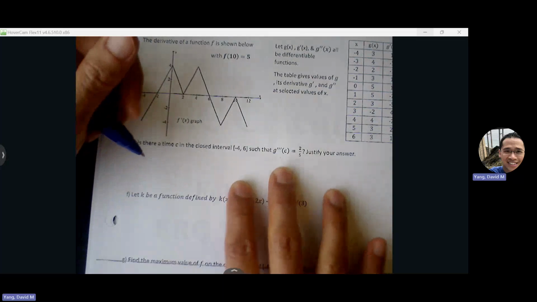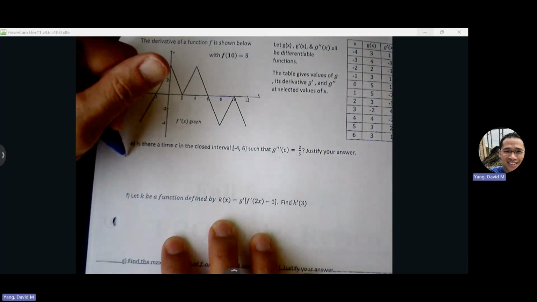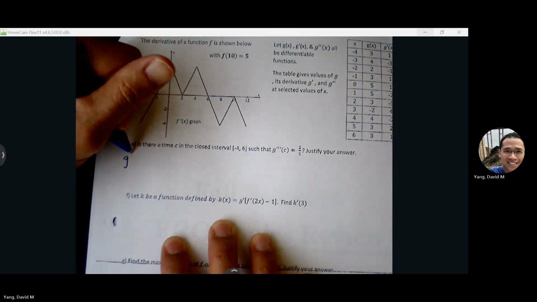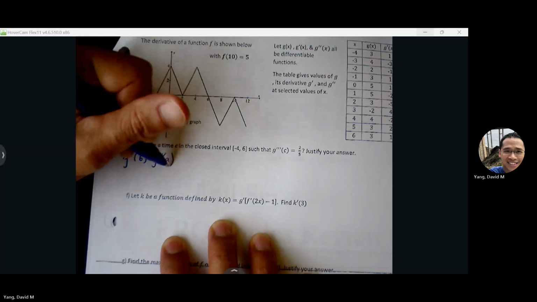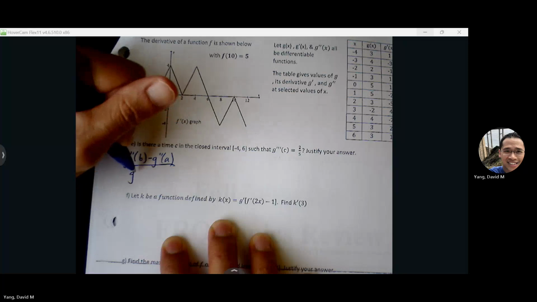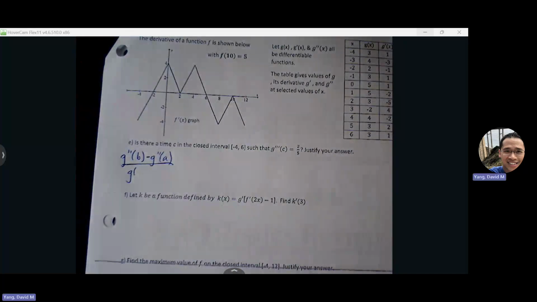We have G double prime's data, so B minus A squared.